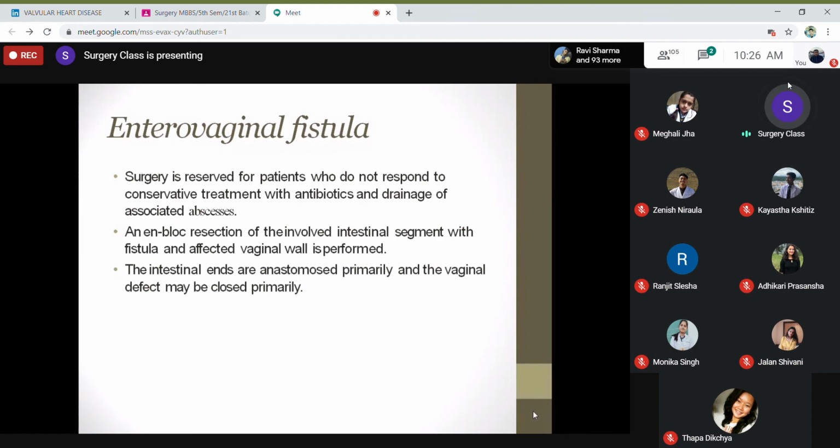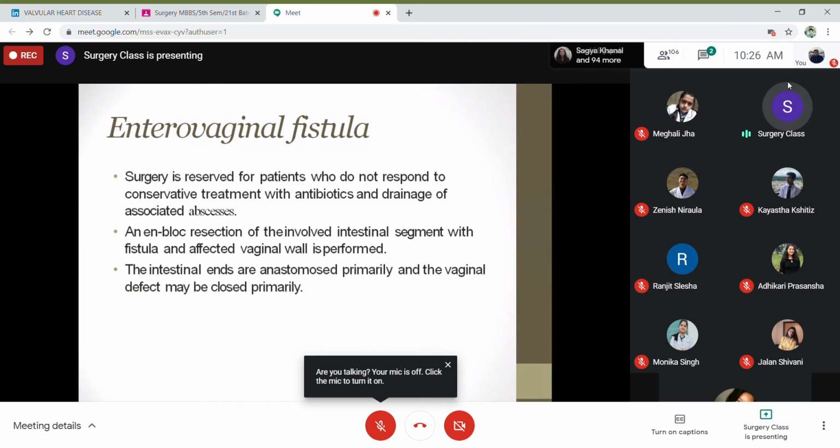You can look into the vagina and then look for the site of the opening into the vagina, that is a fistula tract opening that you can identify, or you inject some dye and then see whether the dye is coming into the vagina. Or from the CT scan, then again you have to repair the vaginal wall, and then you can do the fistula repair by open surgical technique.